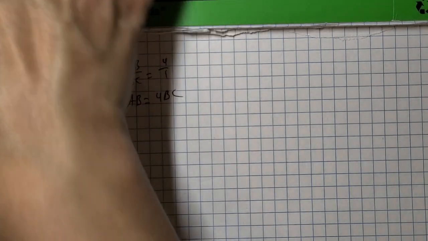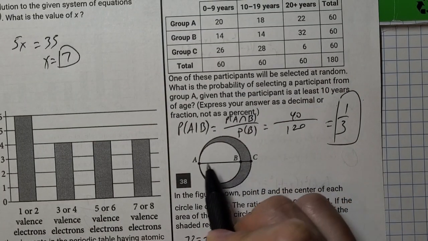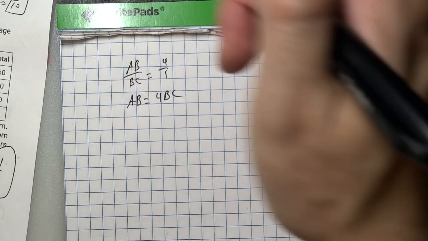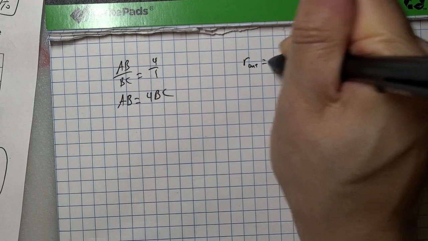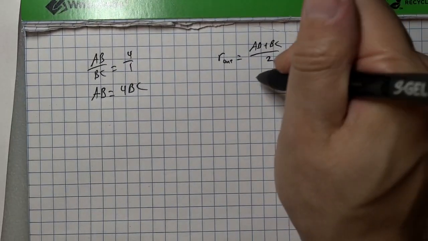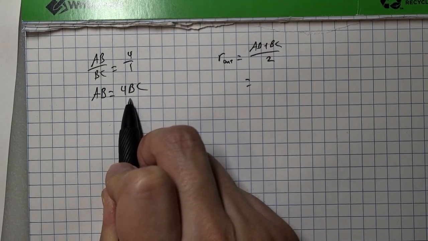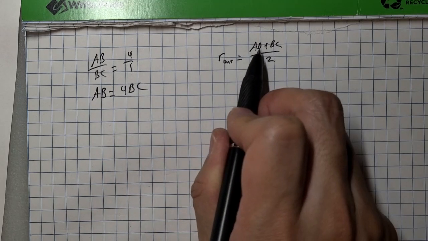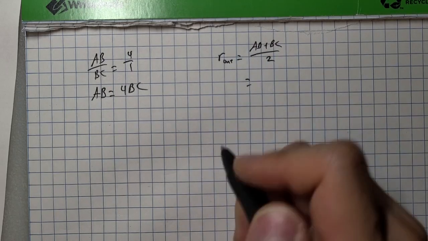Now, the radius of the outer circle is AB plus BC divided by 2. Let's say R out is AB plus BC over 2, and we know that AB is 4BC. So I can rewrite this as 5BC over 2.